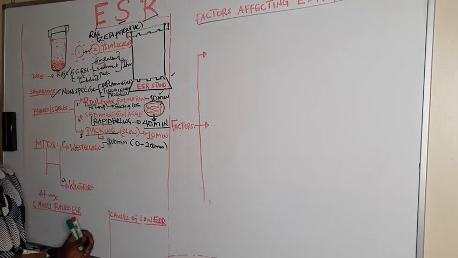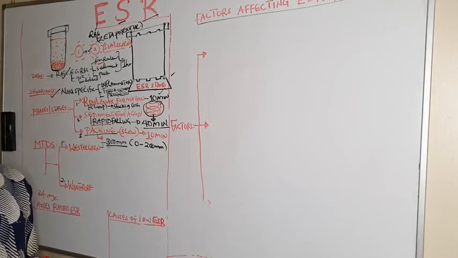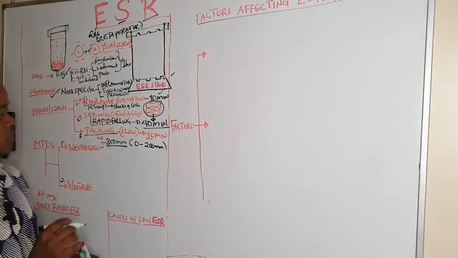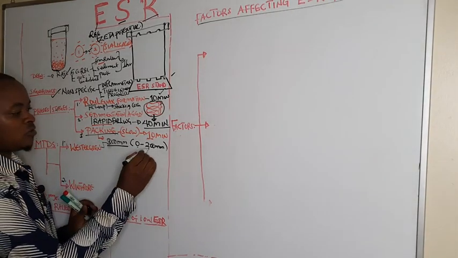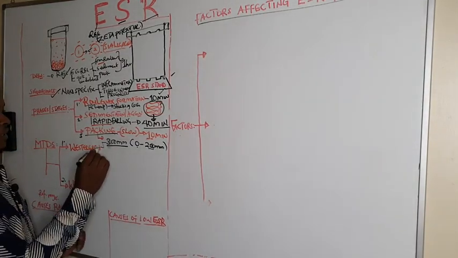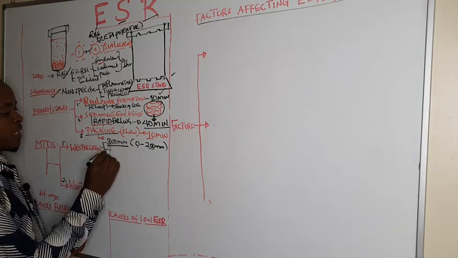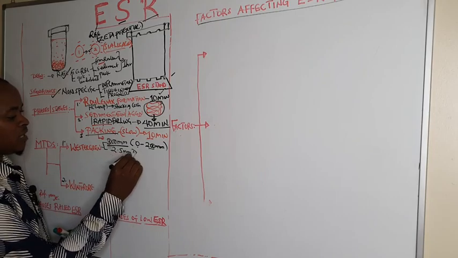So its total length is 300 millimeters, but the graduated or calibrated part is from 0 to 200 millimeters. Then its bore size is 2.5 millimeters in diameter.